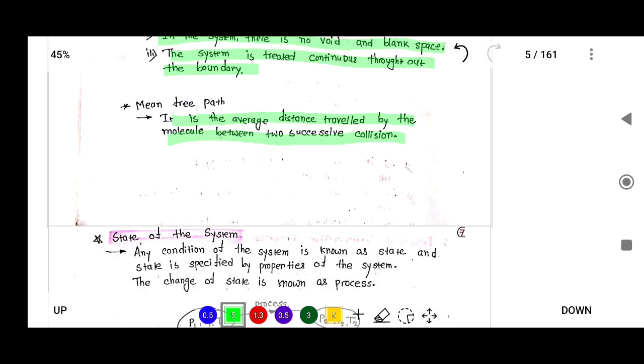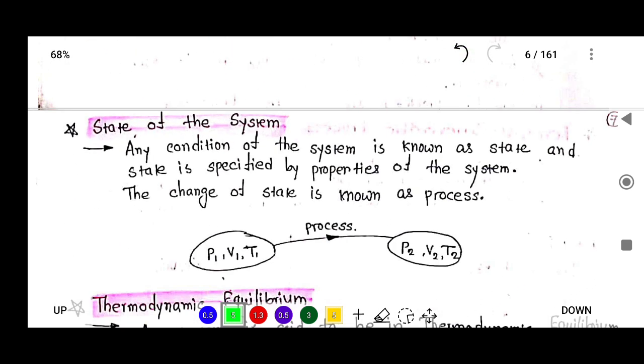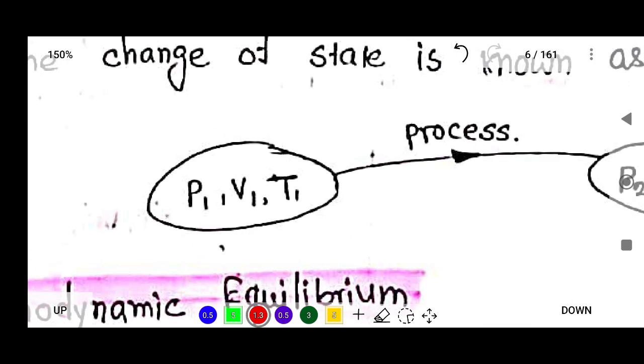Now let's try to understand state of the system. What is state of the system? State of the system means any condition of the system is known as state of the system. Suppose this is our system. System means where our study is focused. Suppose inside the system there is a gas, and consider that for the gas the pressure is P1, volume V1 and temperature T1.